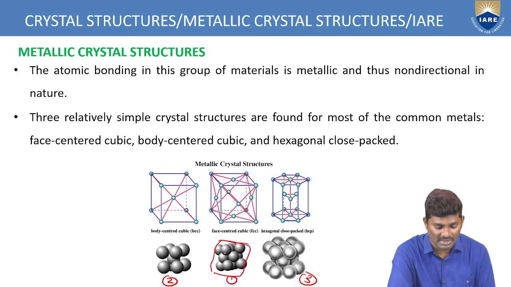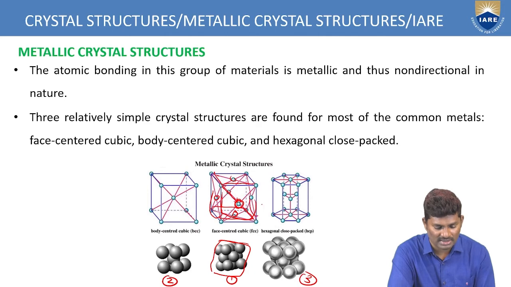But if you take a unit cell from this, this is the unit cell we are taking. Now, this is exactly at the face center. If you see the bonding, this face has a center, this face has a center, the bottom also, this side also, and this side also.